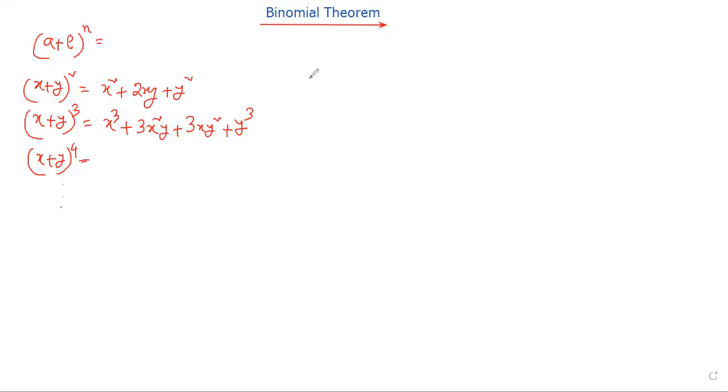Now we need to see the coefficients of the powers. If it is power 2, the coefficients are 1, 2, 1.